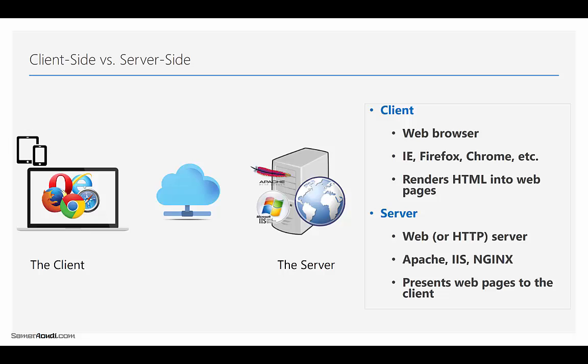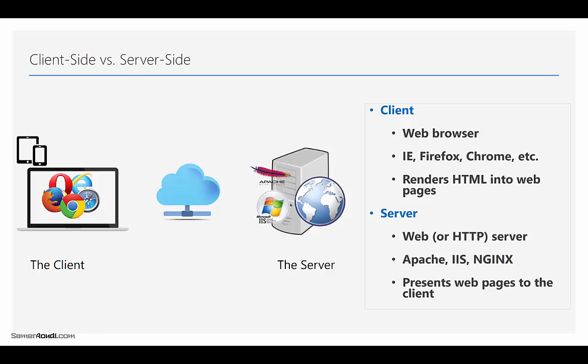The job of the web browser is to render or translate web pages which are written in a programming language called HTML or the hypertext markup language into that visual website that we see in front of us.